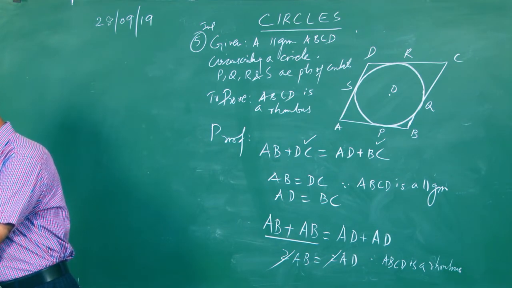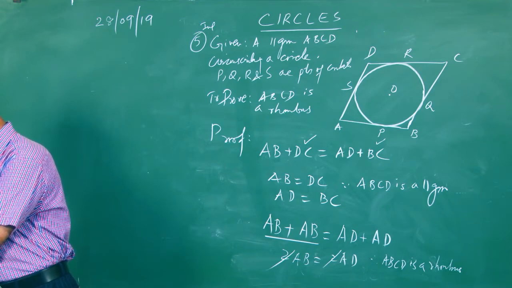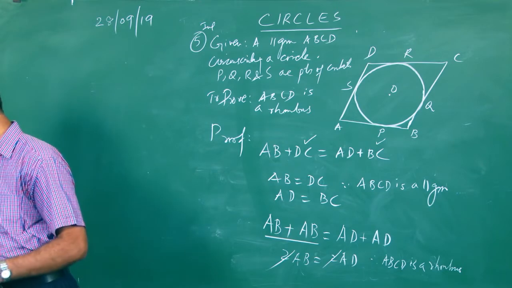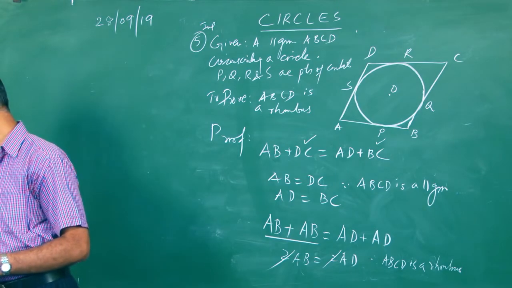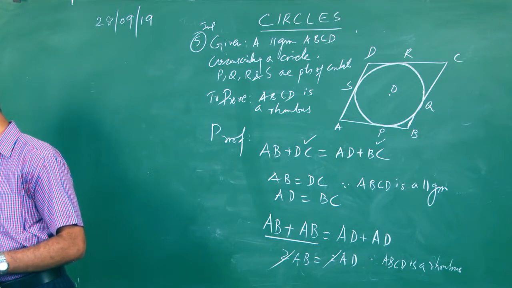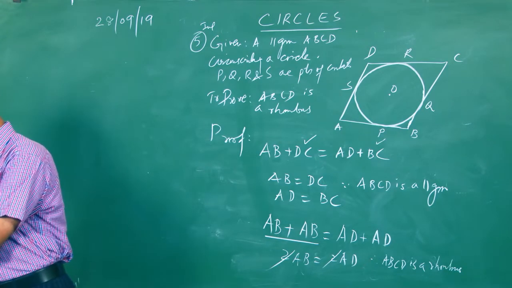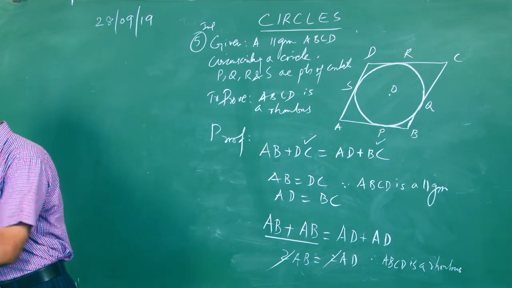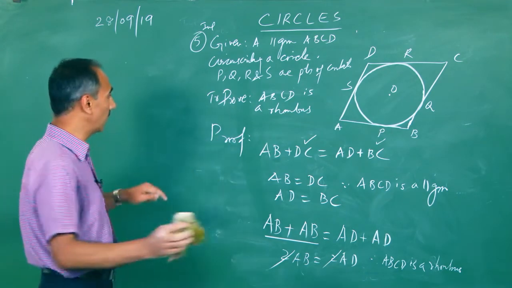So I'll be taking this one sum, worth 4 marks. Let me take this sum. Okay, I'll be rubbing this.